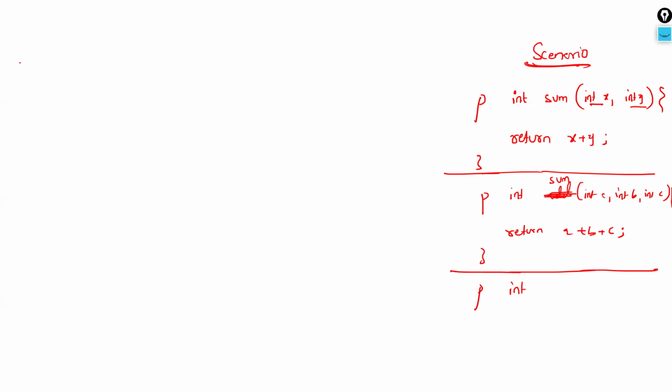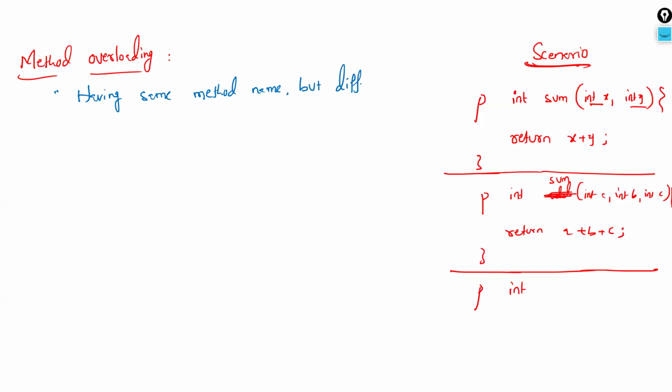So the first type of polymorphism is method overloading. Here, having the same method name but different signatures is called method overloading.